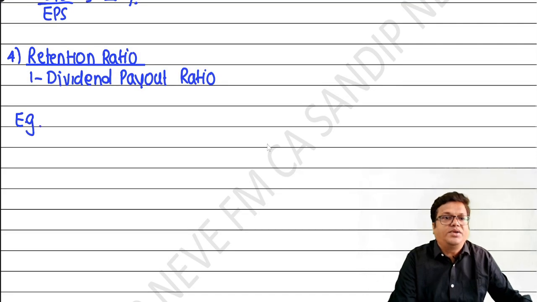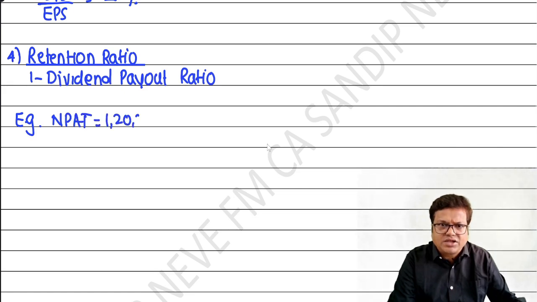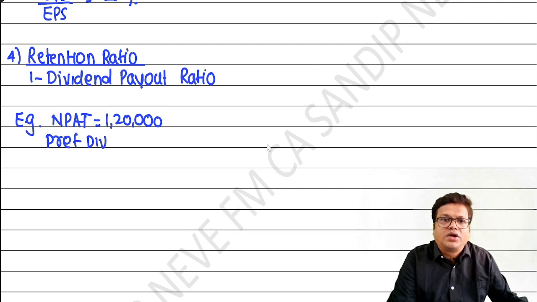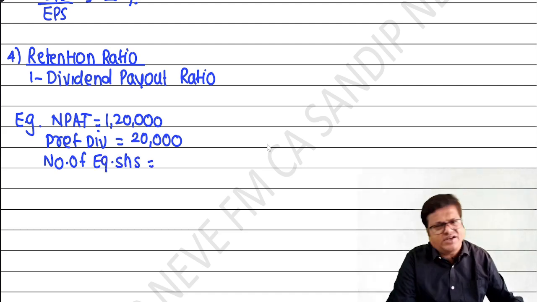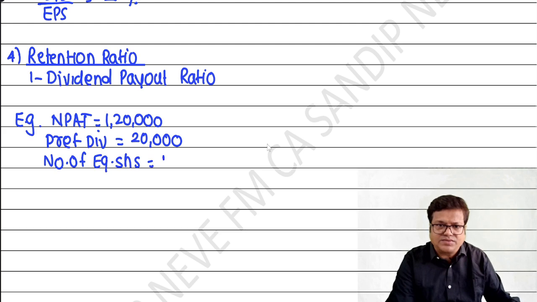Let's take an example. Let us say NPAT is 1,20,000. The company declares a preference dividend of, say, 20,000. Let's say the number of equity shares is 10,000.